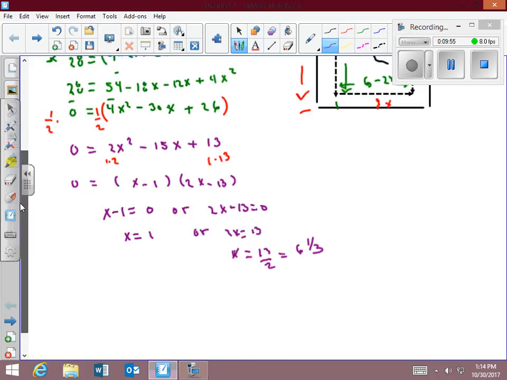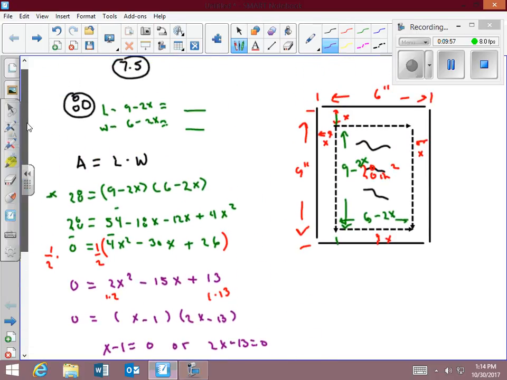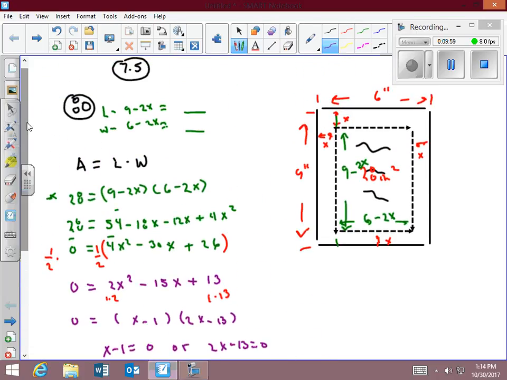Well, if you look at this, you have two choices for x. X equals 1 or x equals 6 1/2. Which one of those is true? If x equals 1, then the length is going to be 7, right? 9 minus 2 times 1.